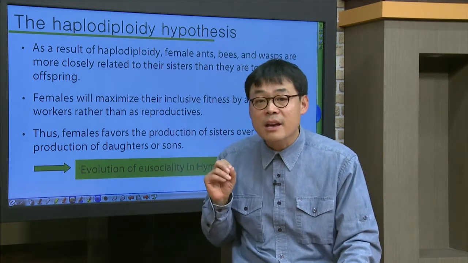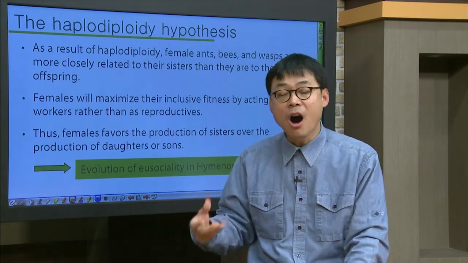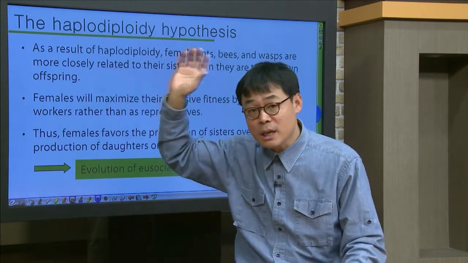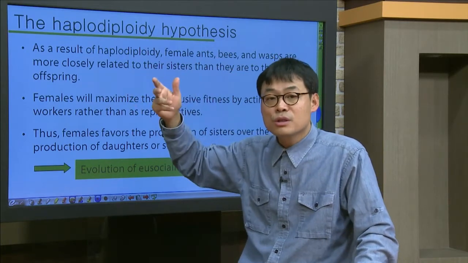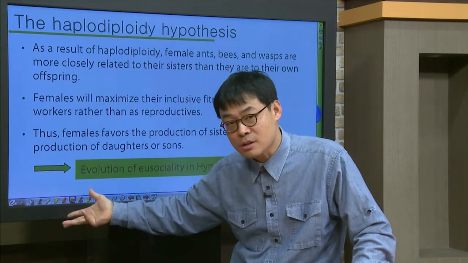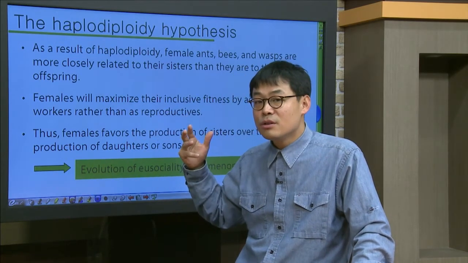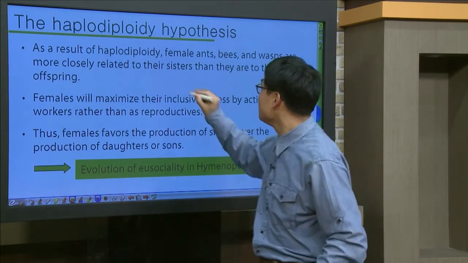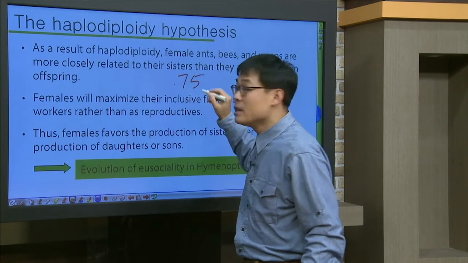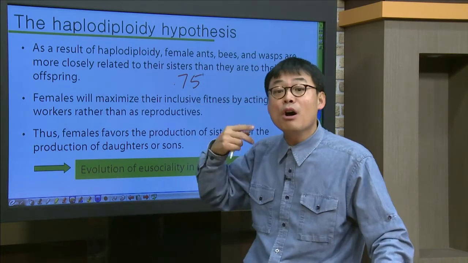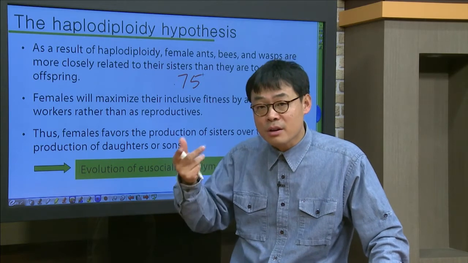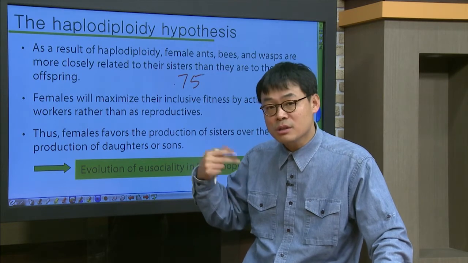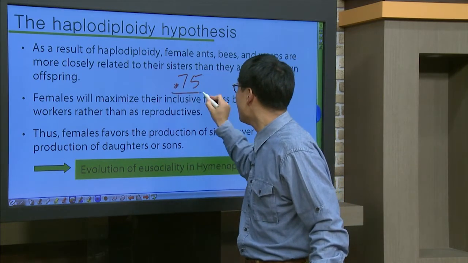But instead of producing offspring on my own, if I help my mother, which is the queen, to reproduce my sisters, then the genetic relatedness between me and my sisters is 0.75. If you are altruistic and help your mother, the queen, to reproduce your sisters, then the genetic relatedness between you and your sisters is 0.75.